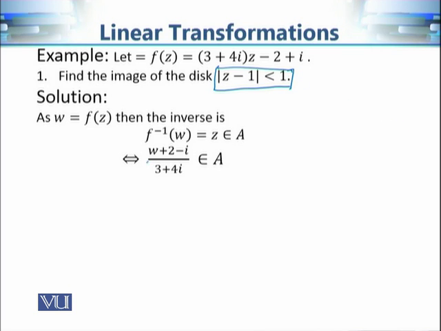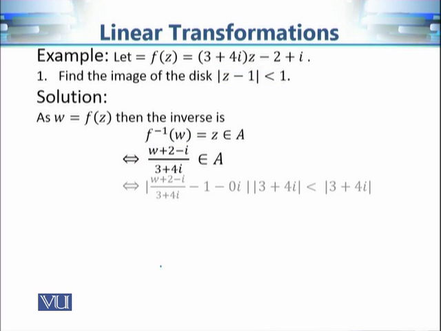And we are here claiming that this element belongs to A. So what should happen? W plus 2 minus iota divided by 3 plus 4 iota minus 1 should have modulus less than 1.